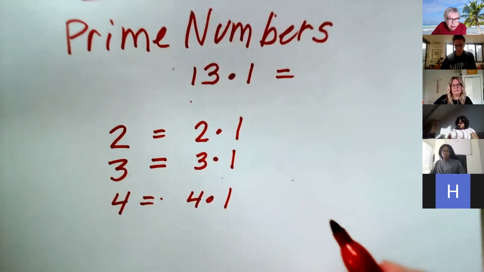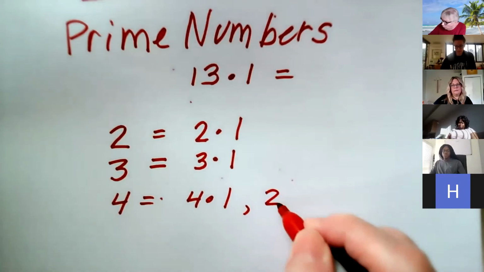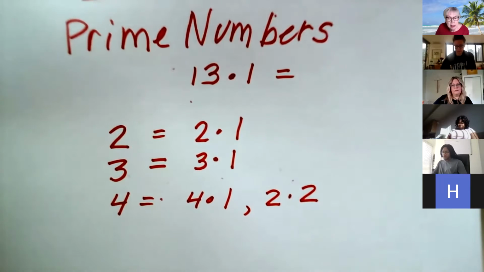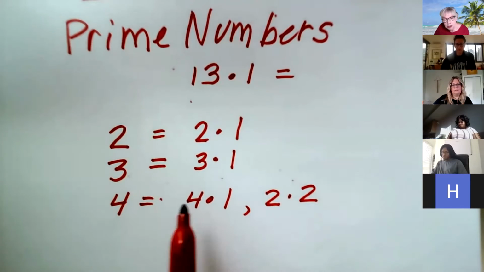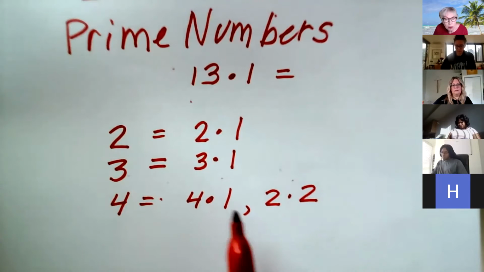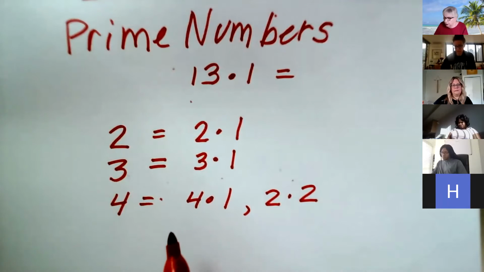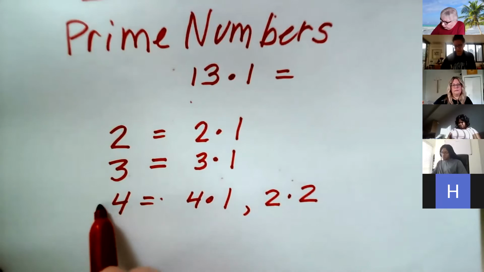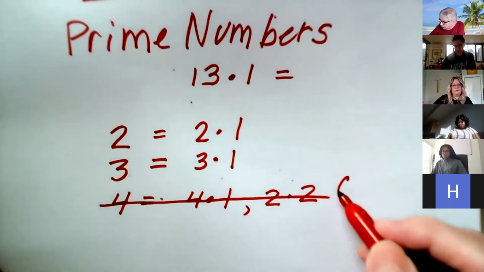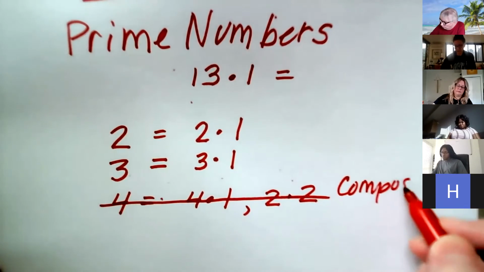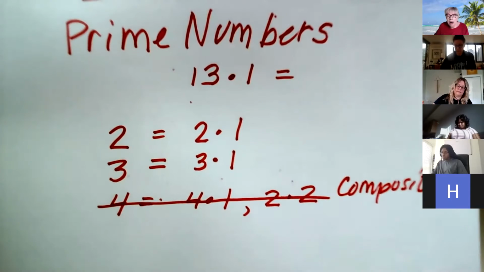That's no big deal. But 4 also has these 2 factors. And so when there are other factors besides the 4 times 1, it's not prime. It's called composite. It's composed of other factors. And so we can't call it prime.